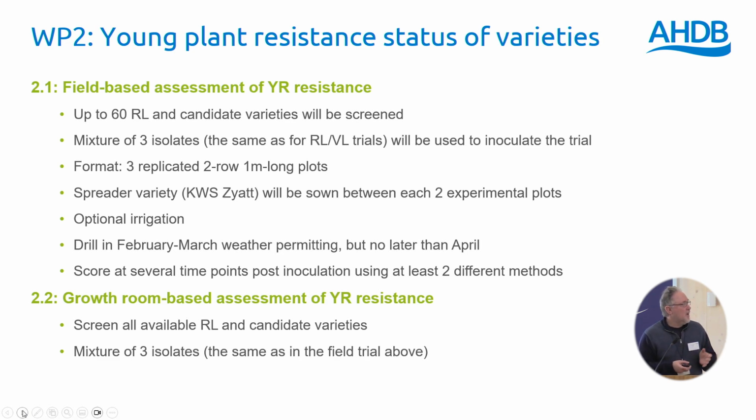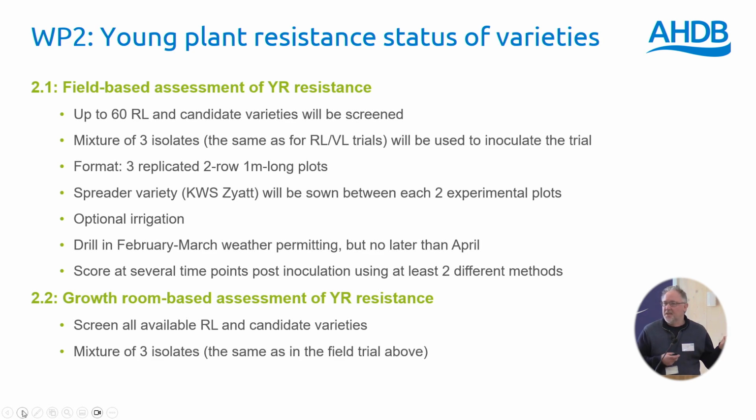We will score our plots at several times post-inoculation using at least 2 different methods. You can have a look at the AHDB website to see how we did it last year. In parallel, the same isolates will be screened under growth room conditions here at NIAB, using the same mixture of 3 isolates.